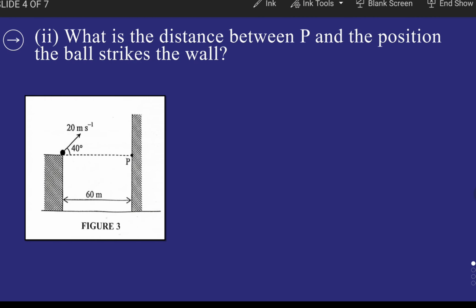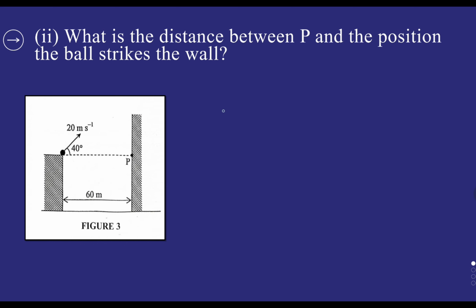Okay, so let's look at the second question. What is the distance between P and the position the ball strikes the wall? So we're gonna list out everything given by the question again, like before. So let's find Uy first. So we're gonna draw a triangle again, like the first question. So here is 20 meters per second, and then Uy is here going upwards.